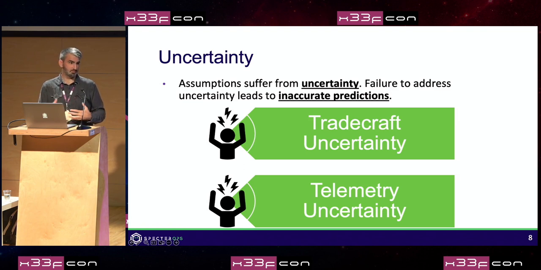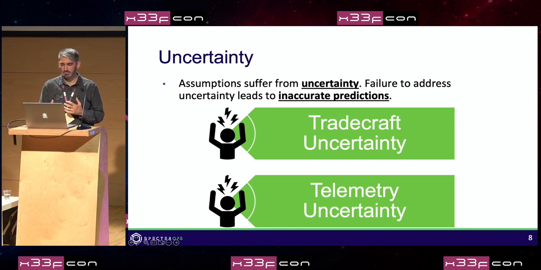But assumptions, as necessary as they are to making these types of predictions, suffer from uncertainty. And if we don't address uncertainty properly, if we don't make at least correct or defensible assumptions when we're making our predictions, the tools and the detection rules that we end up creating are going to be inaccurate.